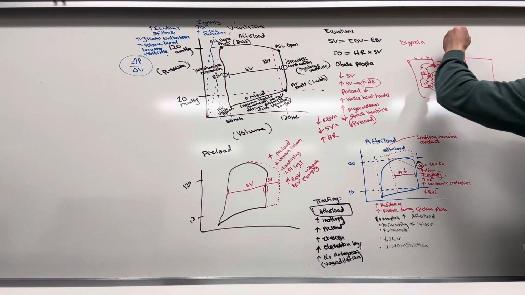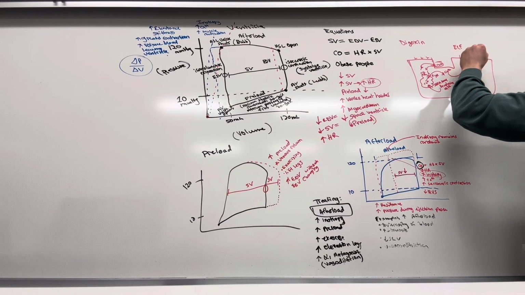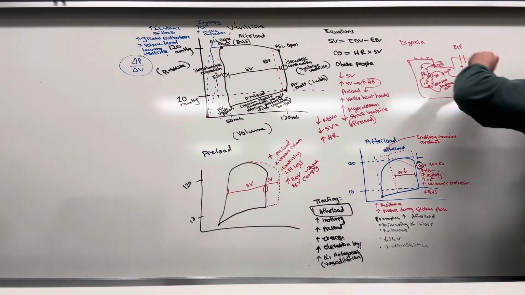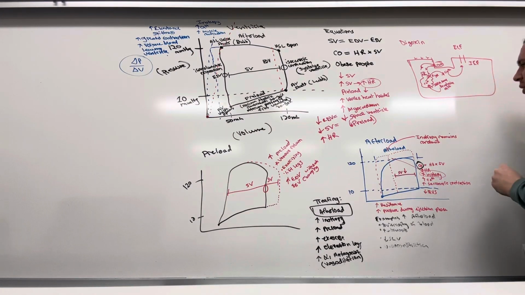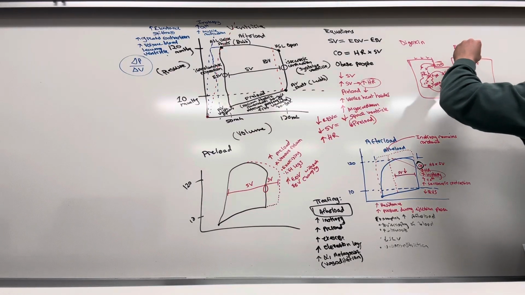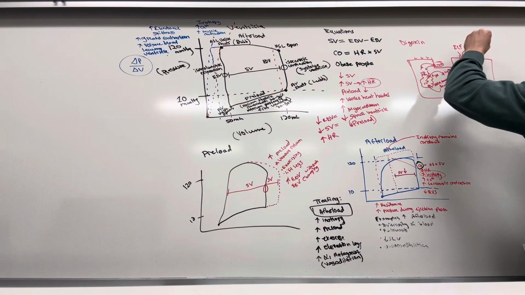to the ECF, extracellular space, extracellular fluid, intracellular fluid. So this calcium needs to get back out, and it uses this type of transport, active transport, and we're going to send in 3 sodium, and we send out 1 calcium.